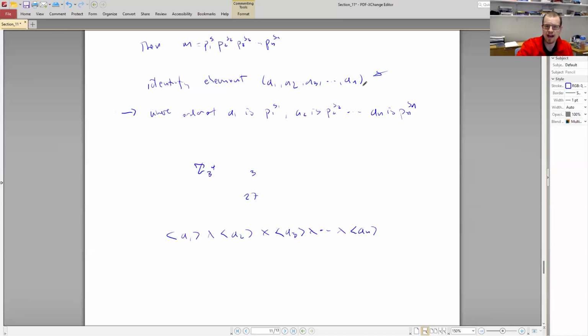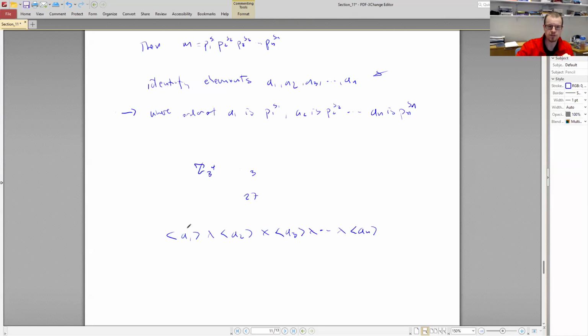And by doing that, rather than identifying this one specific element, we can identify the elements A1 through An in their associated groups, which then give us the desired orders.